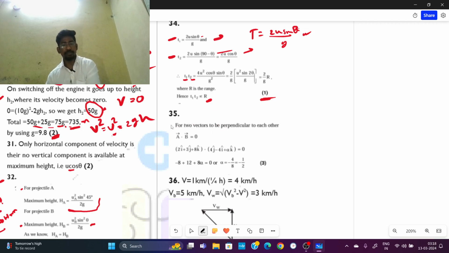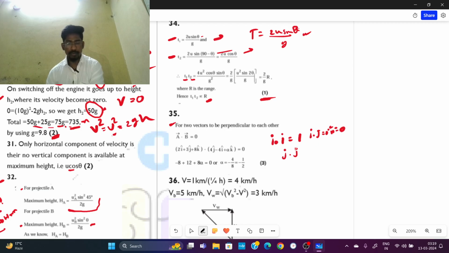For this kind of numerical, you have to take the dot product of the two given vectors. As we know, i dot i equals 1, j dot j equals 1, and i dot j or i dot k are both equal to 0.